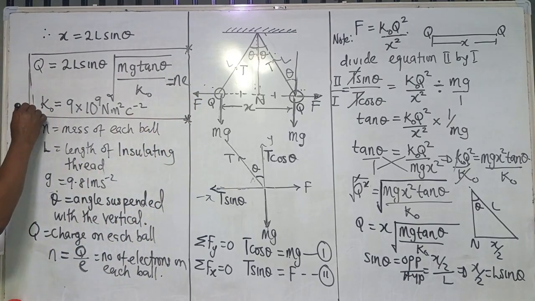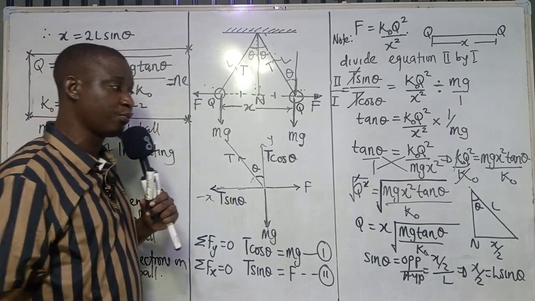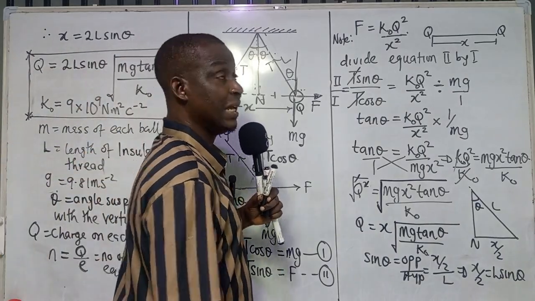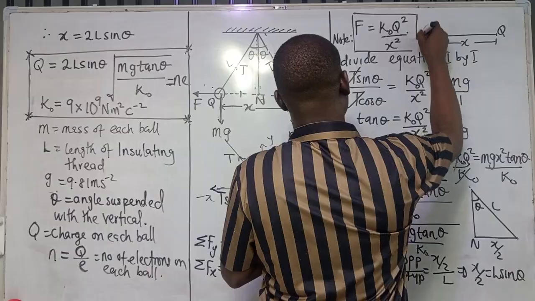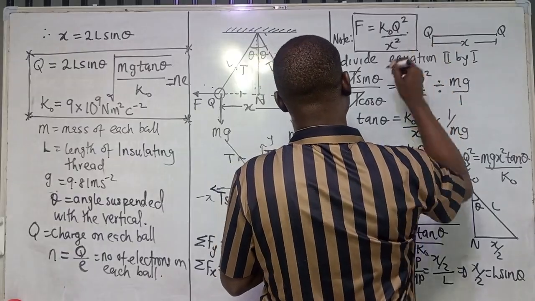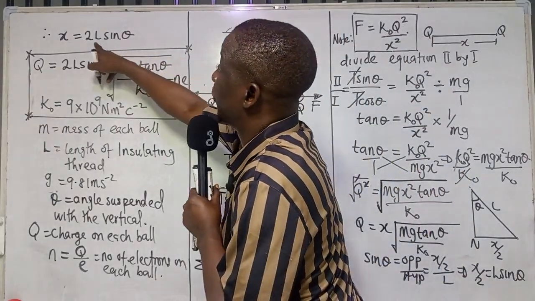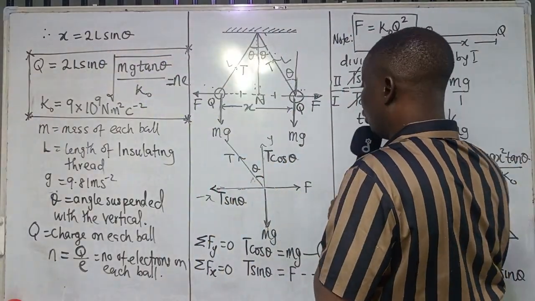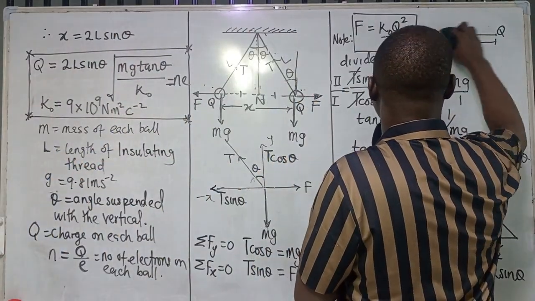I believe this formula should help us to solve problems. In case you want to talk about suspended charges, this will help us solve a lot of problems. Then you want to find the force between two charges, the force between the suspended charges. Don't forget your x is going to be all this; put it there. So x takes the value of 2L sine theta.